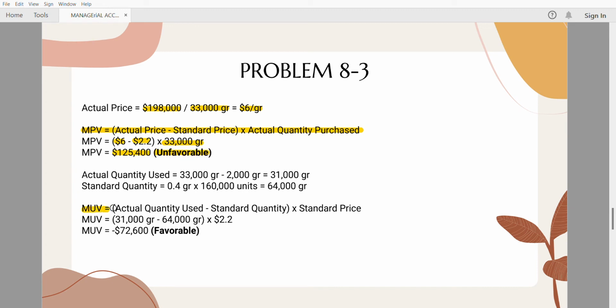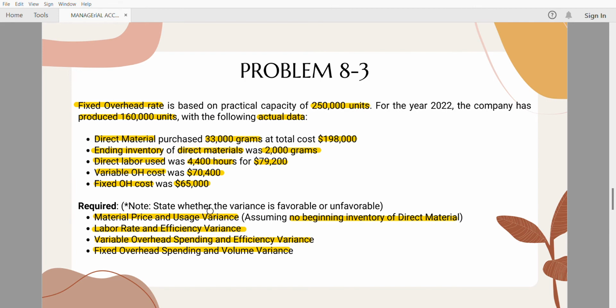Okay, continue to MUV. MUV has the formula of actual quantity used minus standard quantity times standard price. And the actual quantity used is, we need to revert back. They have no beginning inventory, so the direct material purchased, 33,000, is the beginning inventory, and the ending is only 2,000.